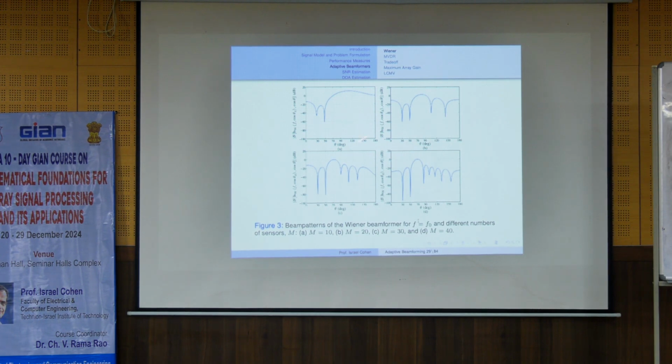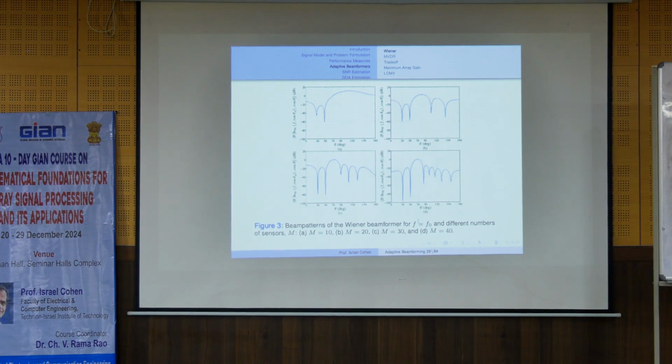With 10 sensors, the performance is not that great, you see? From observing the beam pattern, we see that the response to a signal that comes from 70 degrees is 0 dB, which is good because it satisfies this constraint.